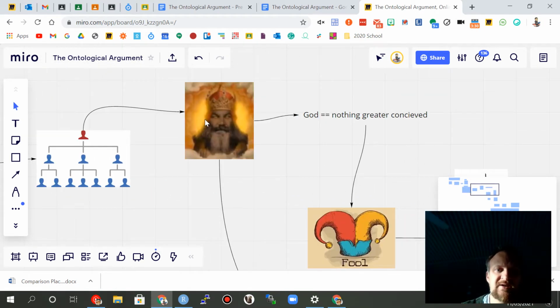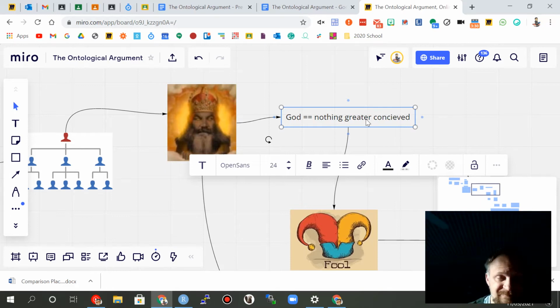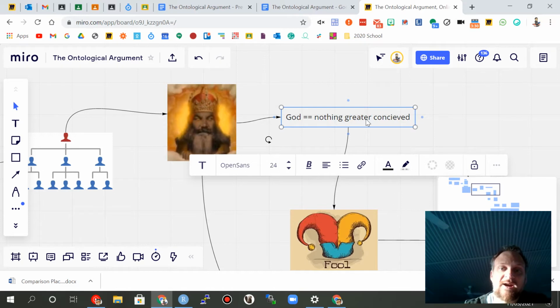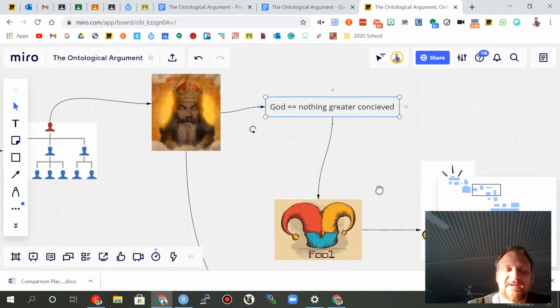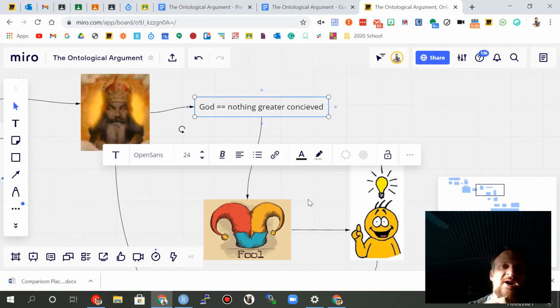So what he gets us to look at is the definition of God. He says that everybody can agree that the definition of God is a being of which nothing greater can be conceived. Take a note. Now, the point is that if everybody is agreeing on the same idea and the same definition, then there must be some external truth or ontological truth behind it.